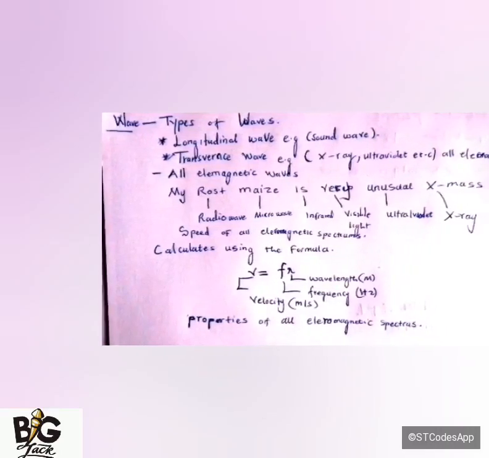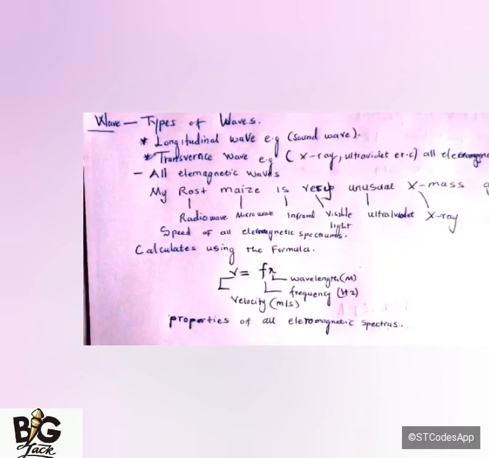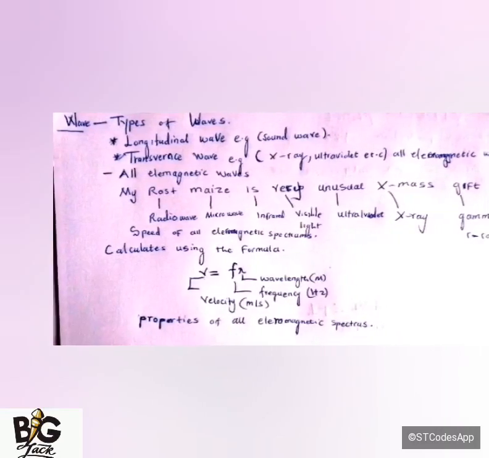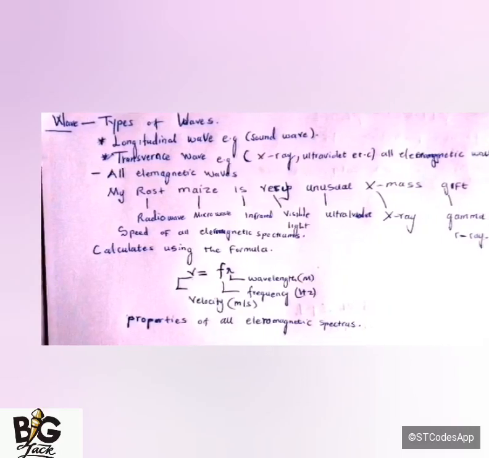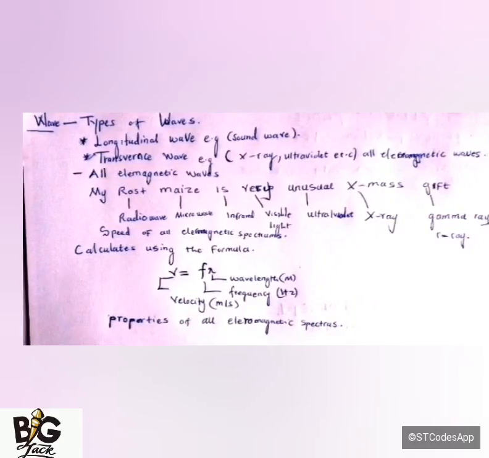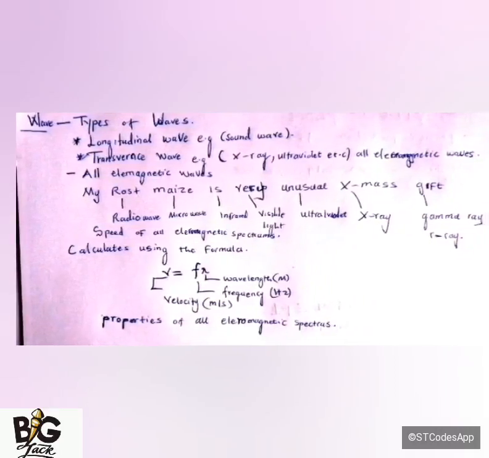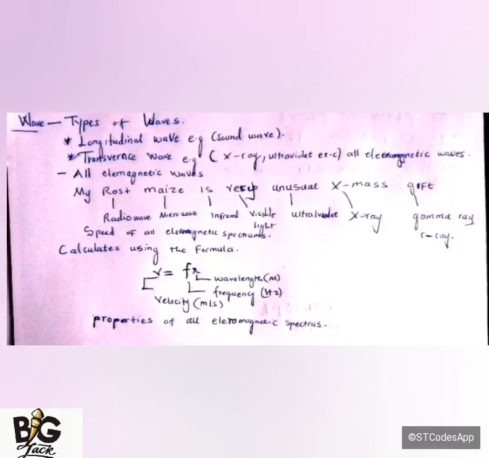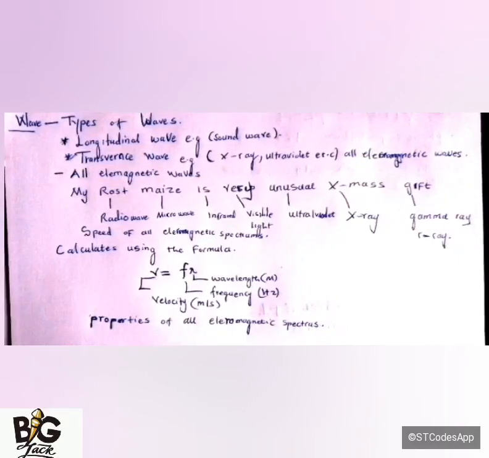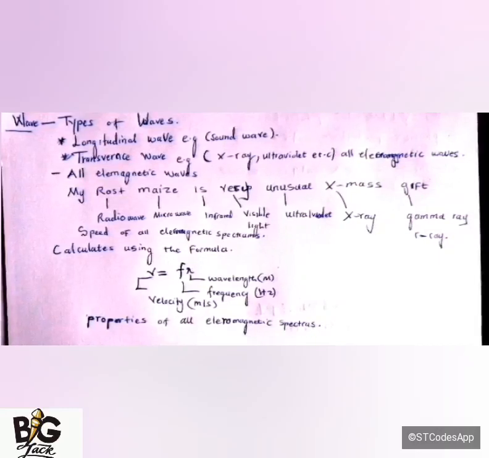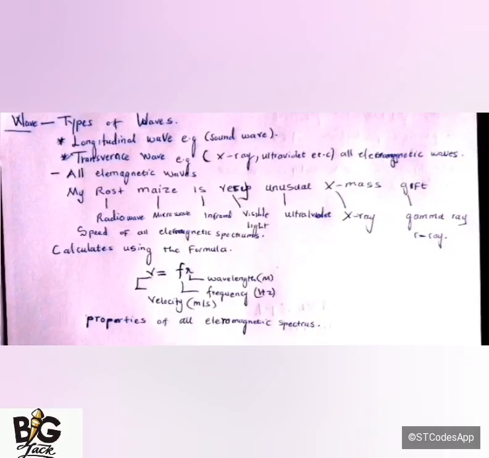Examples of transverse waves are all electromagnetic waves, like radio wave, ultraviolet, infrared, those things. In an example, if they say differentiate between sound wave and ultraviolet, you say sound wave is a longitudinal wave, while ultraviolet is a transverse wave.